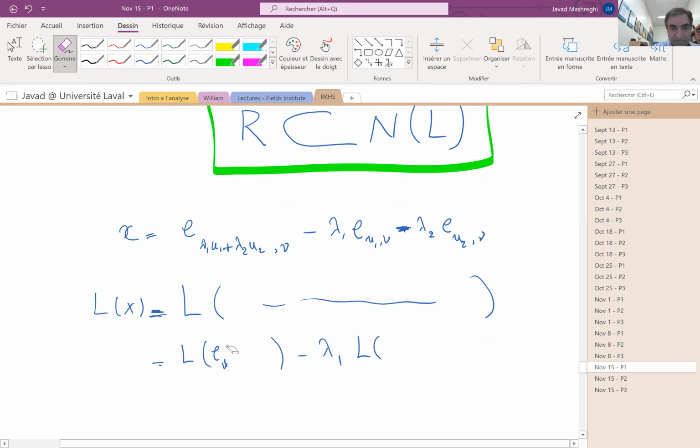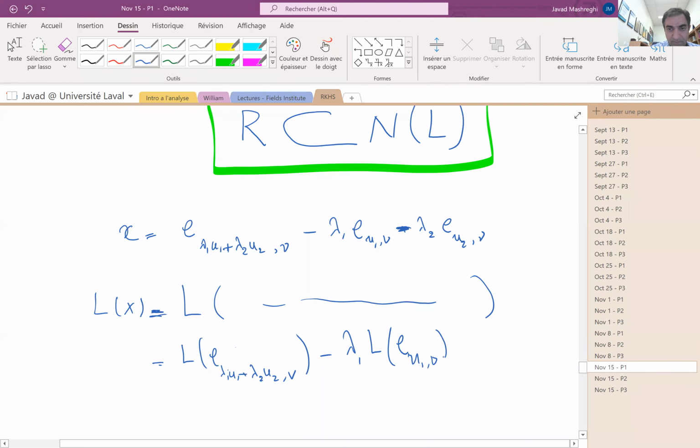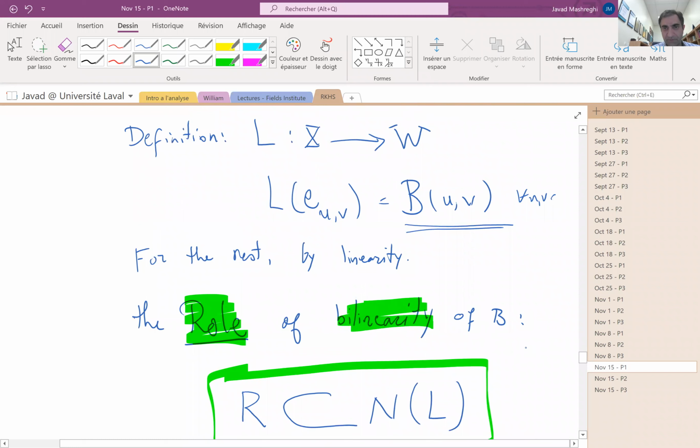Let me write it. L of E lambda 1 U1 plus lambda 2 U2 and V minus, and bilinearity is the definition. And then I use my original definition here.